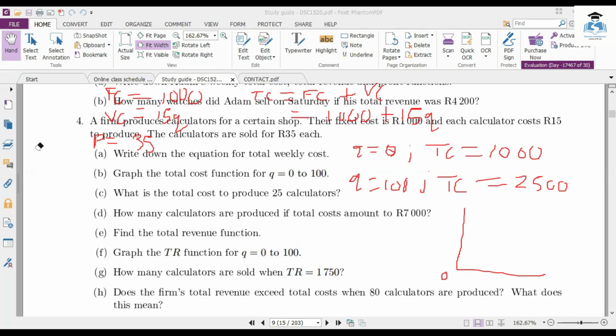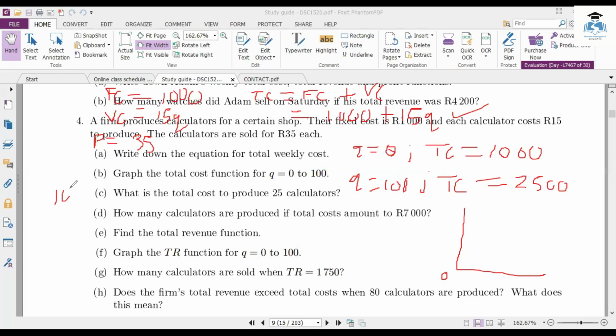Okay. On the equation we have here, if our Q is 100, then what will be our TC?